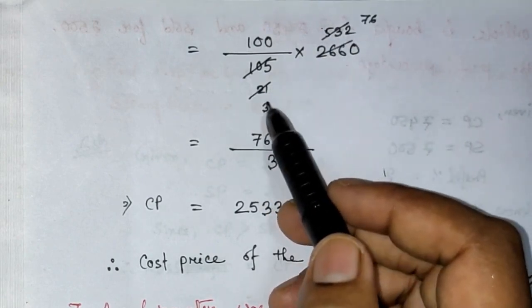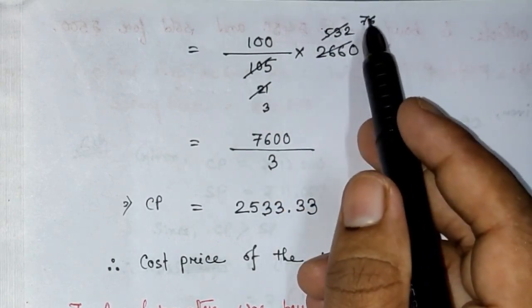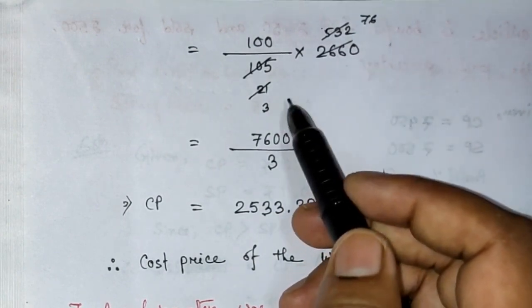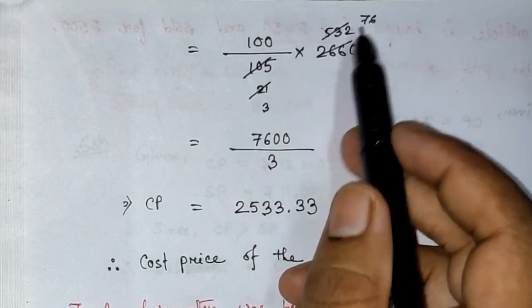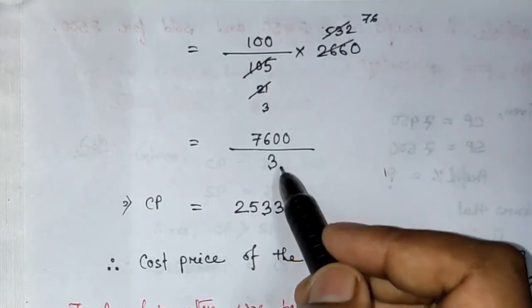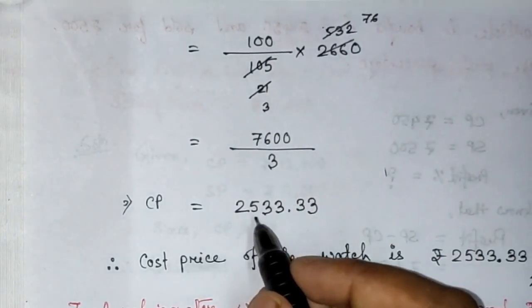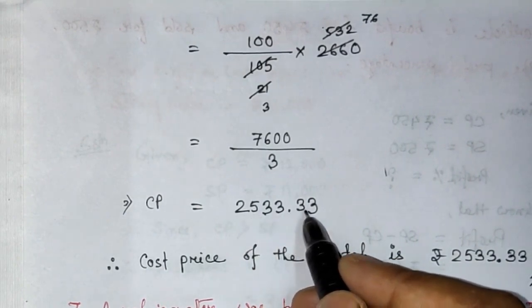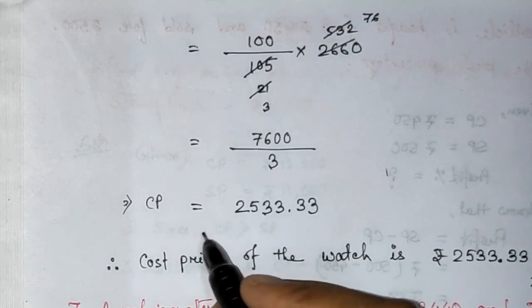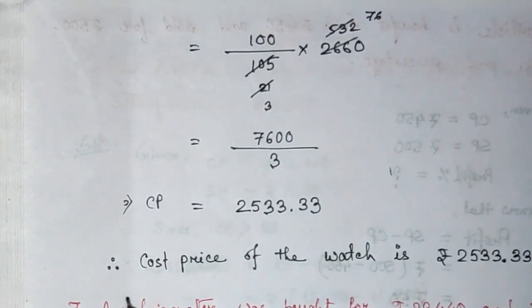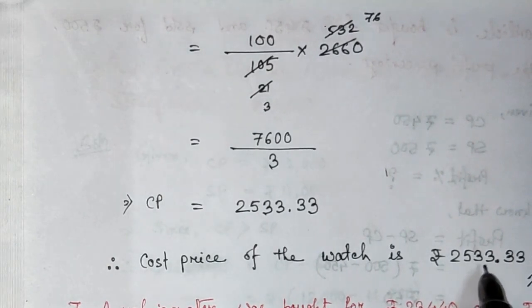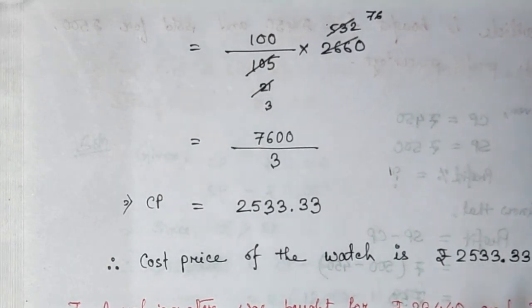Again by 7, 3 sevens are 21, we get 76. Now multiply 76 into 100, that is 7600 by 3. Divide them, you will get 2533.33. That is the cost price. Therefore, write the cost price of the watch is rupees 2533.33.